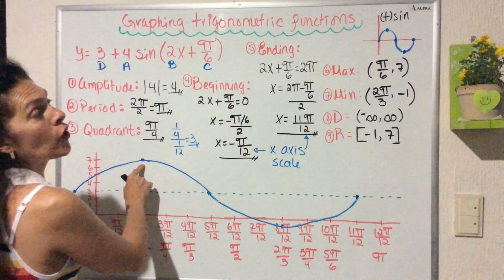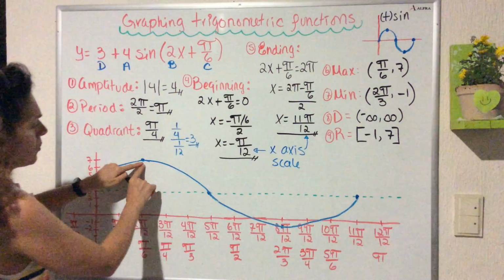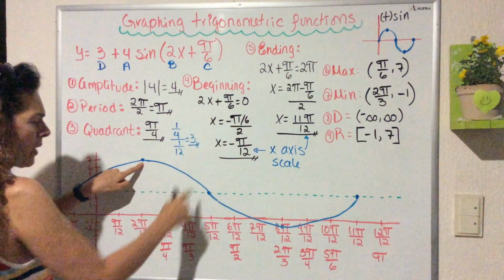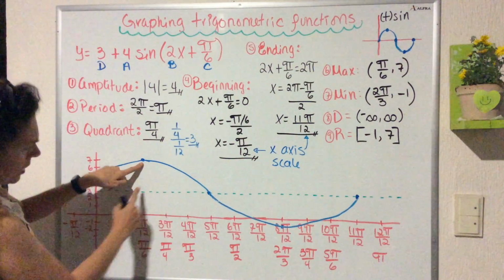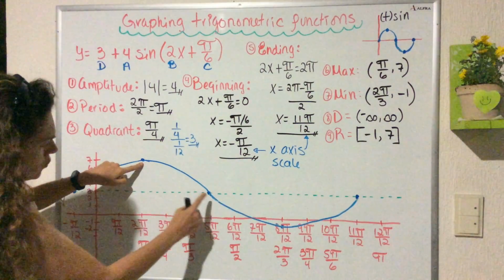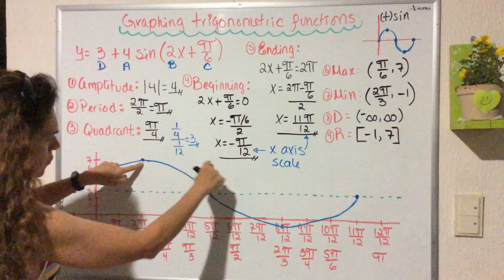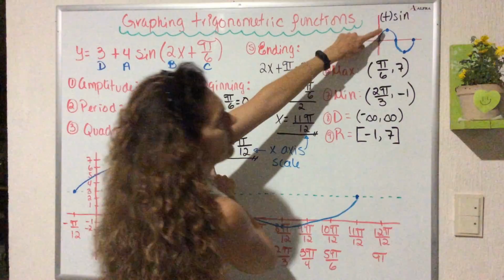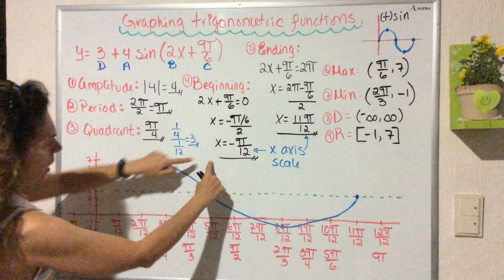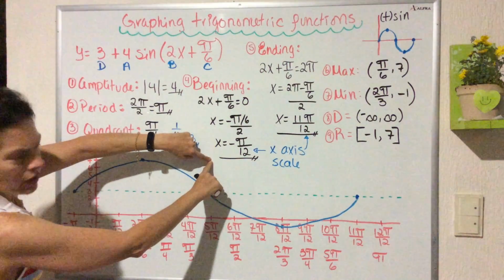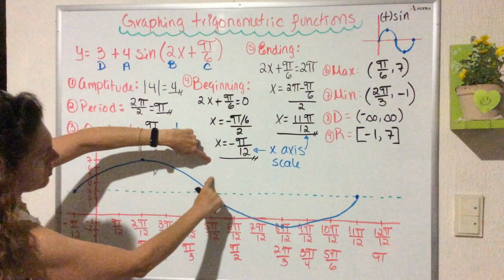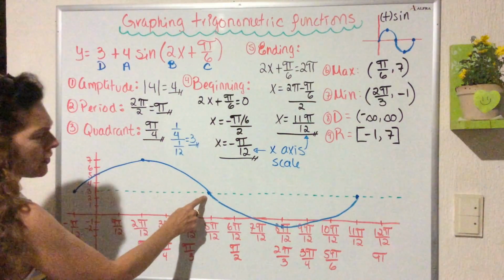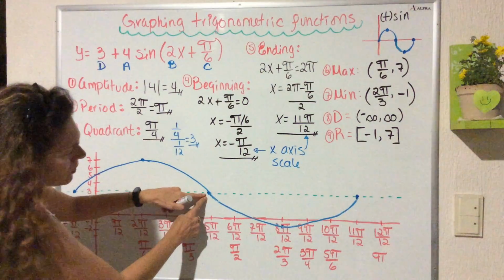And then look at the form. So we are going to continue, you are going to advance 1/4, which is 3 times 1/12, and I count 1, 2, 3. So here, 1, 2, 3, and then I go down. Look here, I have to go down. So I go down how many units? 4, the same as the amplitude. 1, 2, 3, 4, and that way I get my third important point, and then you continue.